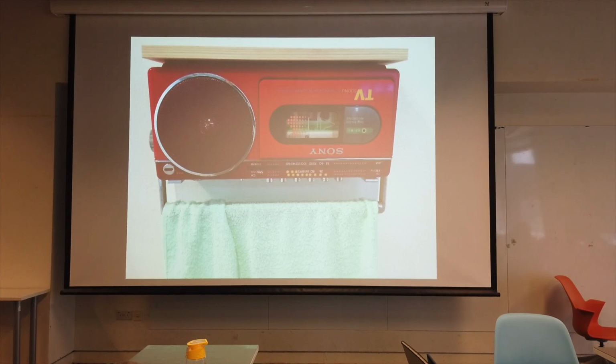The handle becomes a towel rack. I think it's a good idea. A lot of old people like taking a shower and listening to music at the same time in the shower place. So that's why they put the cassette machine into the bathroom or shower room, and the handle of this cassette becomes a hanger for the towel.